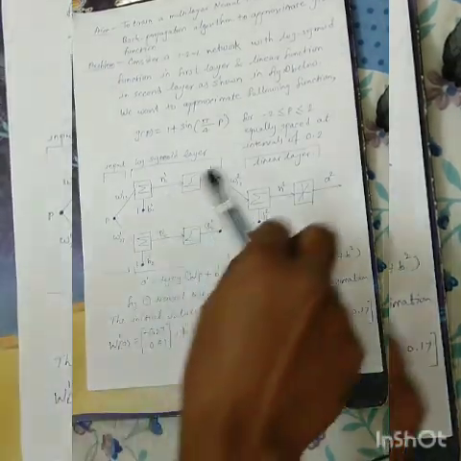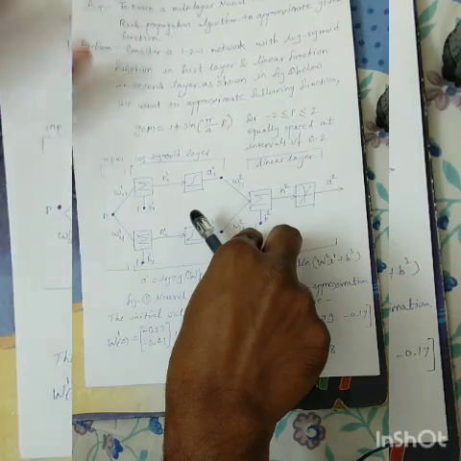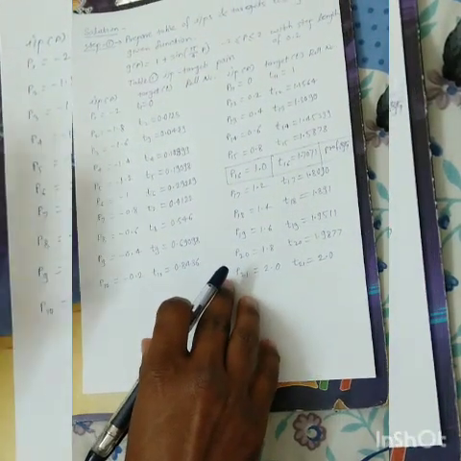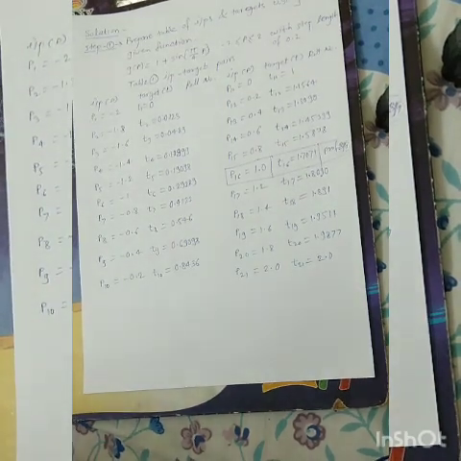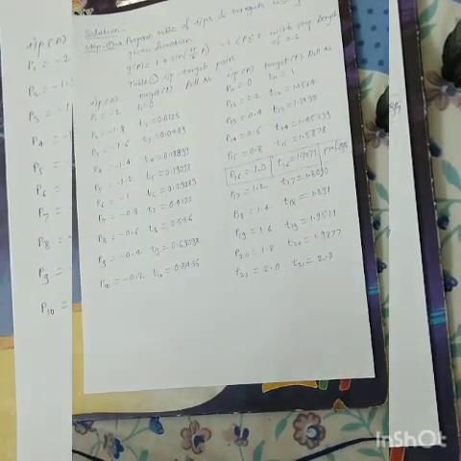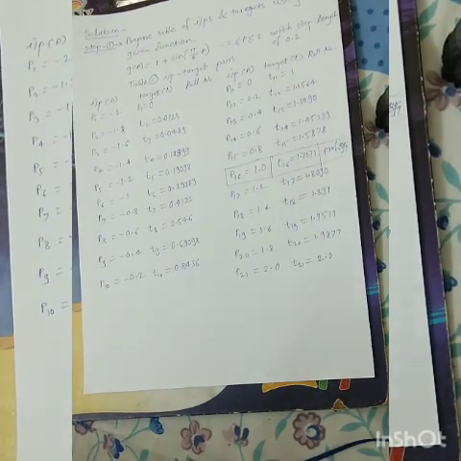Now we are going to solve the problem. Step 1 of the solution is to prepare a table of input-target pairs, which are used to train the given neural network.